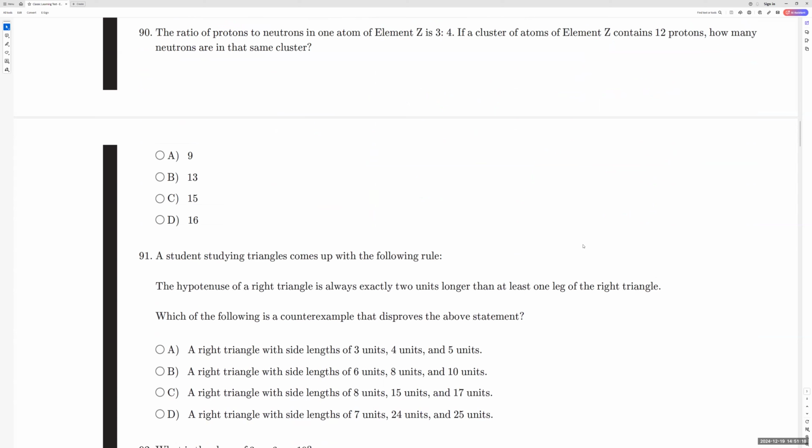Okay, and now I have number 90, the ratio of protons to neutrons in one atom. So let's do this. We have to be organized with this. We're gonna write protons, and just like our drawers for our t-shirts and socks, we have to keep them at the same level.